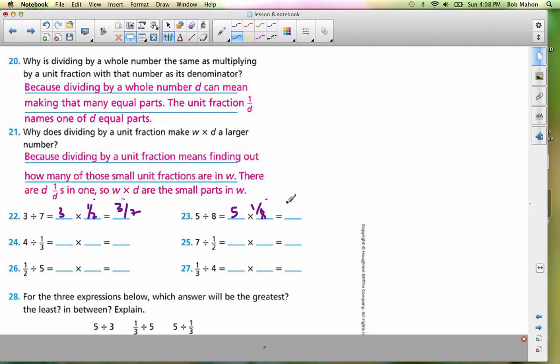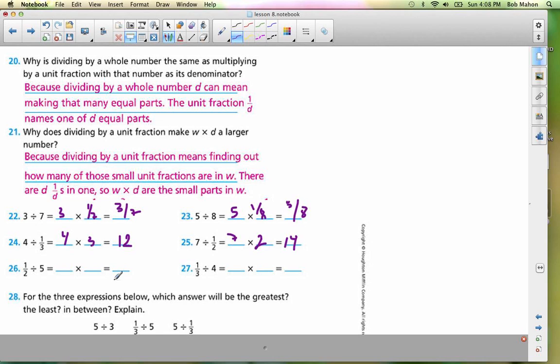Okay. 4 divided by 1/3 is the same thing as saying 4 times 3, which is 12. 7 divided in half is the same thing as saying 7 times 2, which is 14.